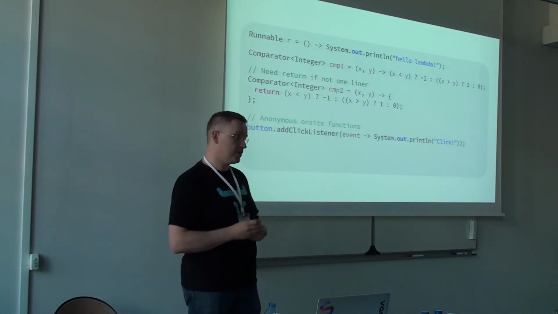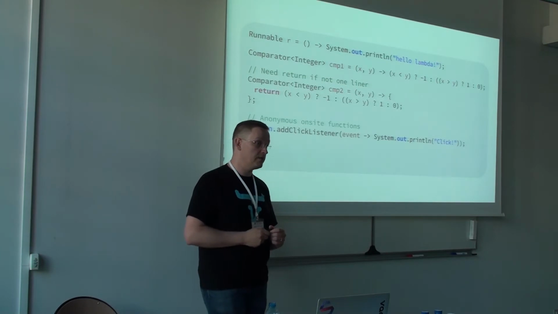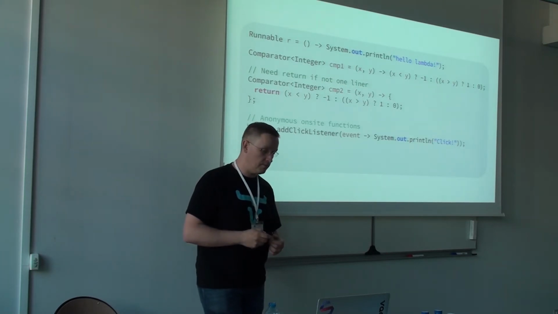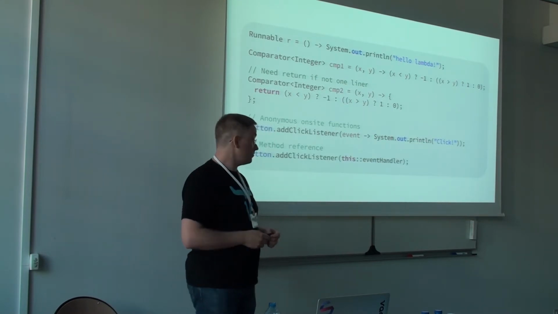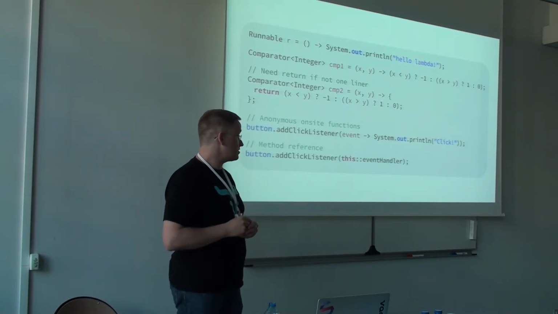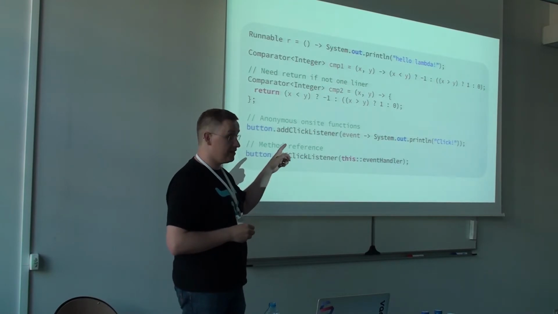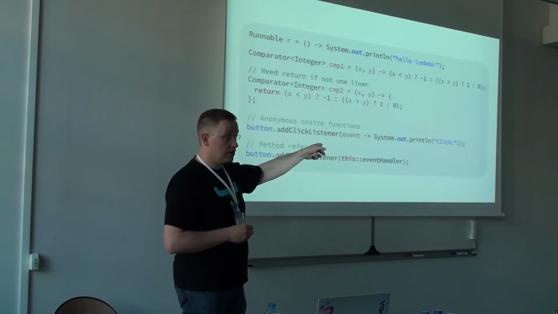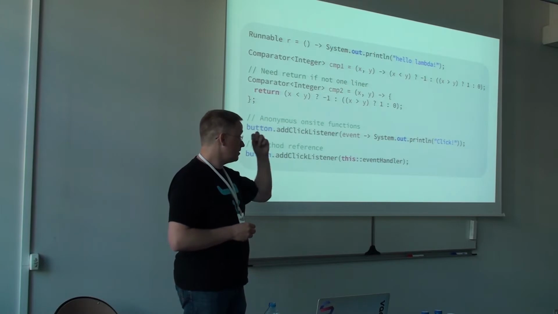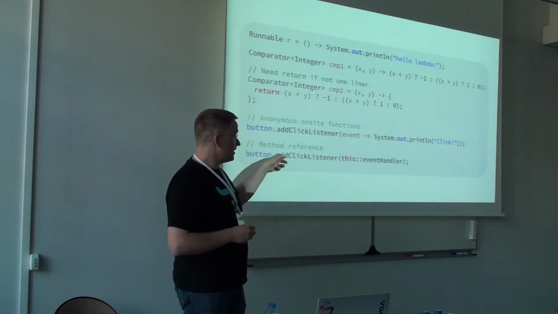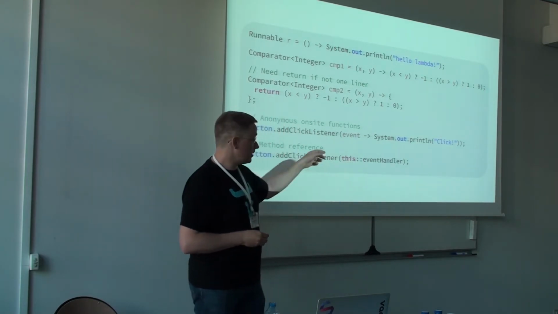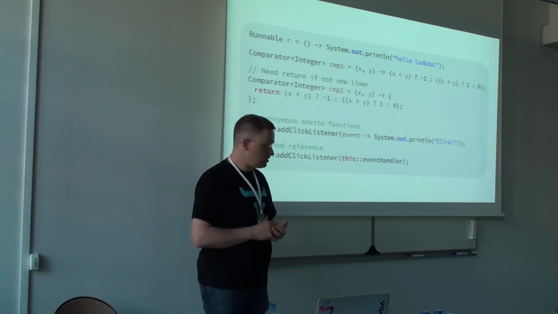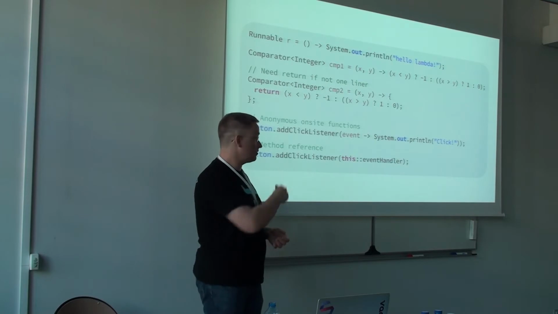Most of these in any language can be used through lambdas. And there's an example of a method reference, which means that we don't have to keep the lambda implementation in place. We can just say that this click listener is this method on this instance. And you can use statics as well with the colon notation if you want.